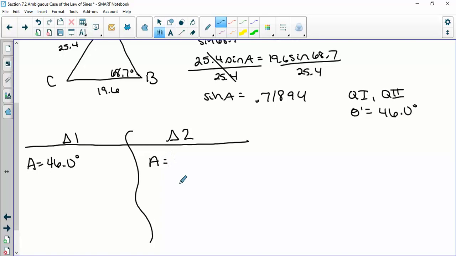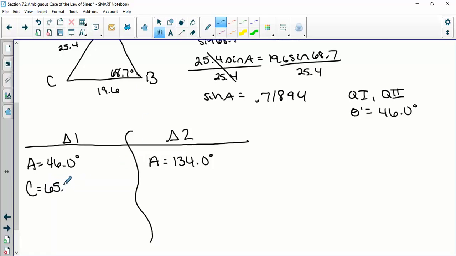How would you get it in the second quadrant? So 180 minus the 46, 134. Okay, so far so good. Now we have A and B, so we can easily get angle C by doing 180 minus each of these. So 180 minus 46 minus the 68.7.